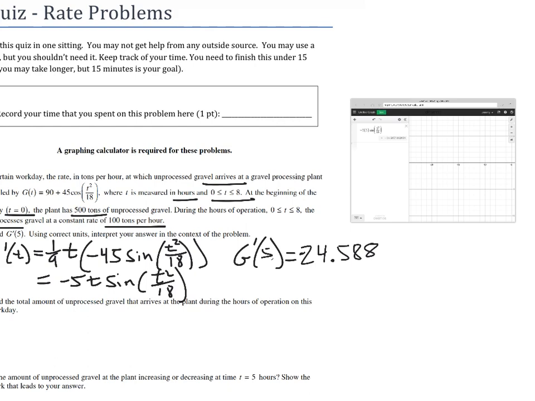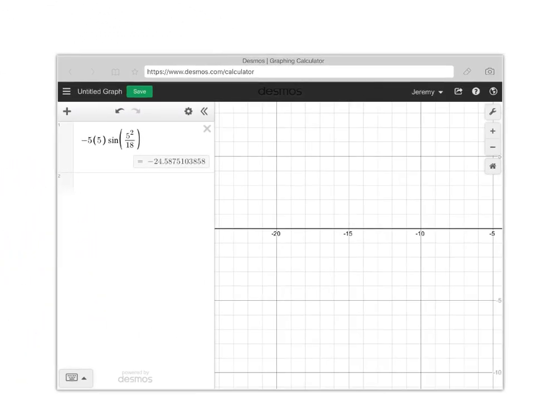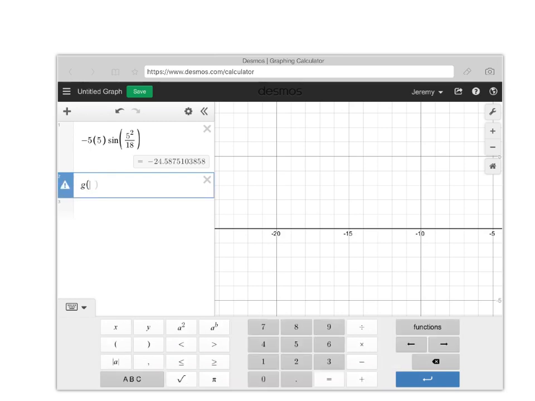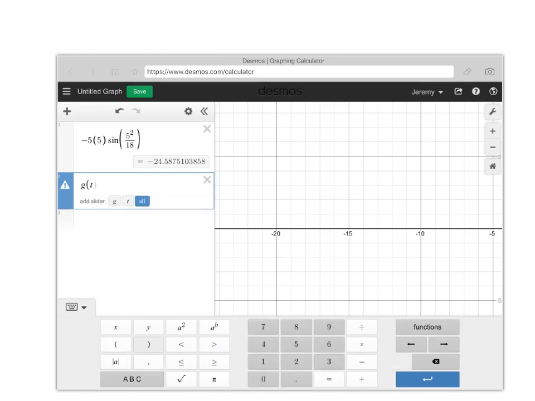So we have 90 plus 45 cosine of t squared over 18. Now you have to enter this as G of t. You can do G of x, that doesn't matter. If you're graphing it, then it's going to want an x, which will work nicely in many cases, but I'll just make it the same as it is.